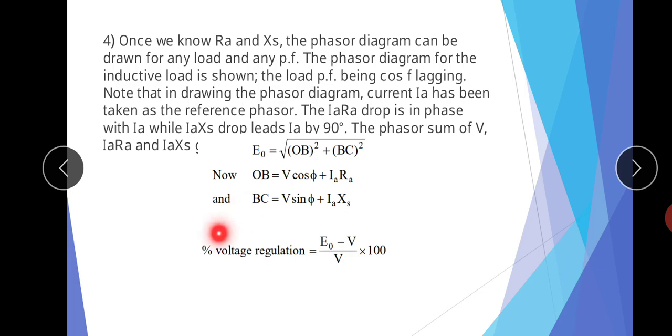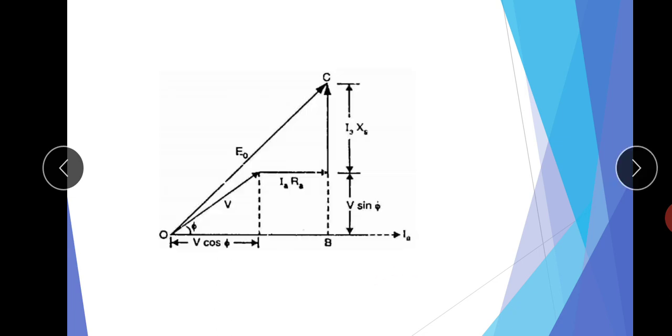In this way we can find the voltage regulation of an alternator, that is, the no load voltage minus the full load voltage, divided by the full load voltage, multiplied by 100. This is the phasor diagram.